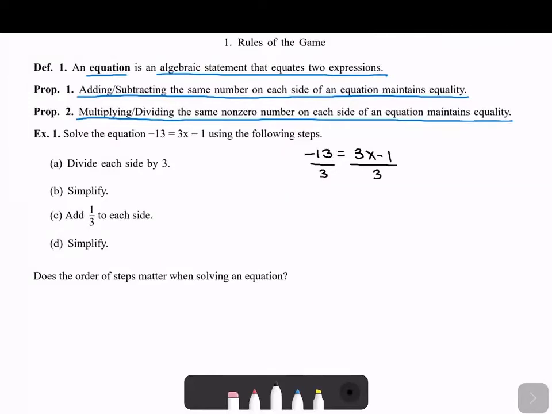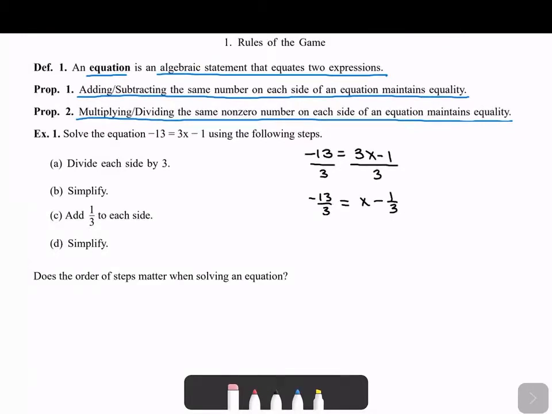When we simplify that, we get negative 13 over 3 equals x minus 1/3. Because we have the distributive law of multiplication, we also have a distributive law of division. So you can just do 3x divided by 3 minus 1 divided by 3, where the distributive law extends to division.